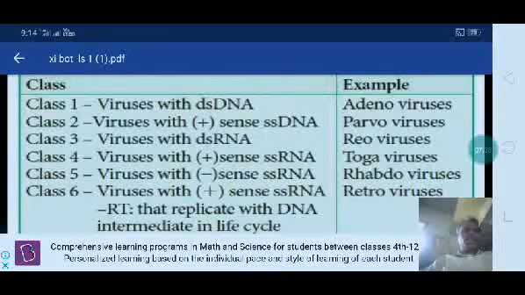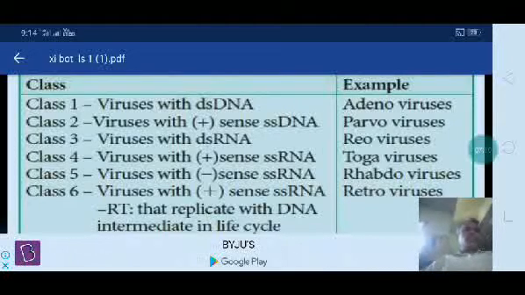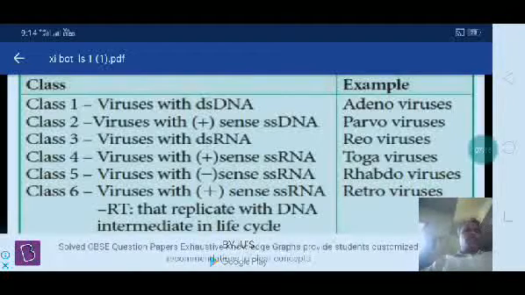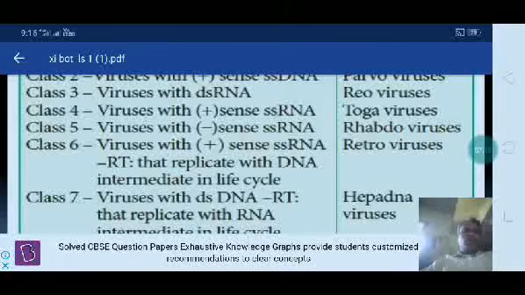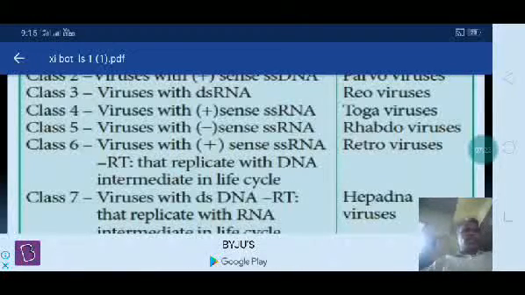Viruses with double stranded DNA, viruses with plus sense single stranded DNA, viruses with double stranded RNA, viruses with plus sense single stranded RNA, viruses with minus sense single stranded RNA.